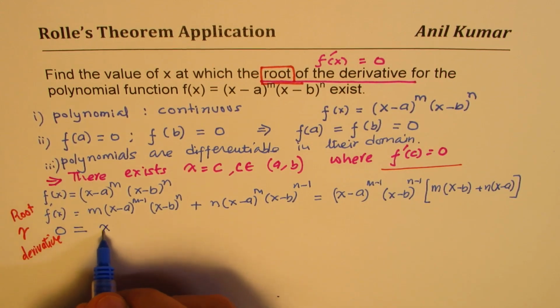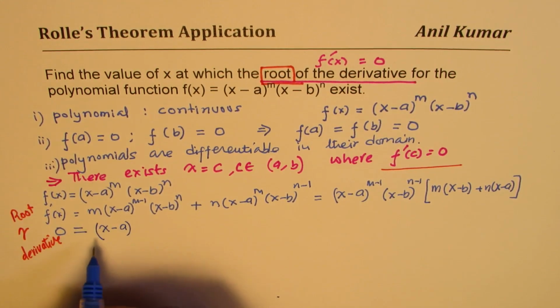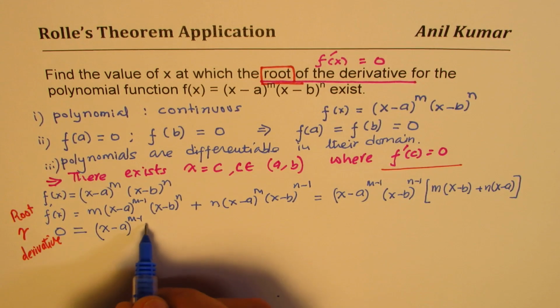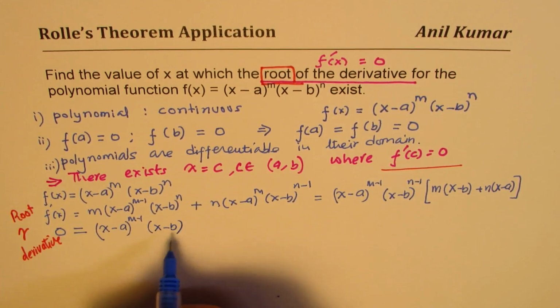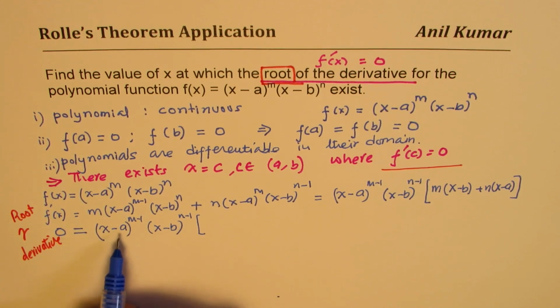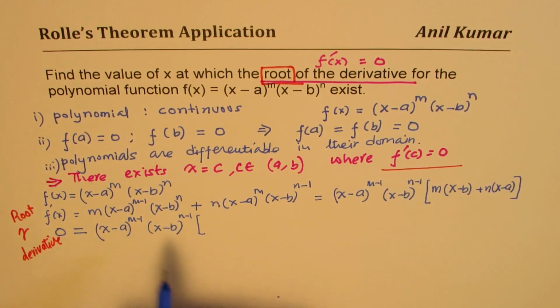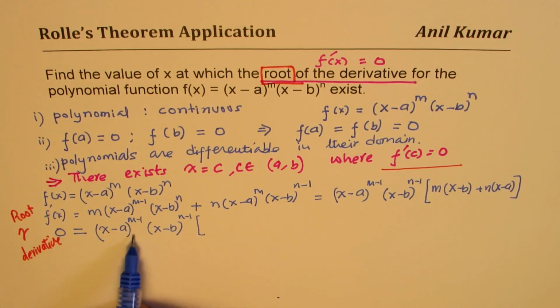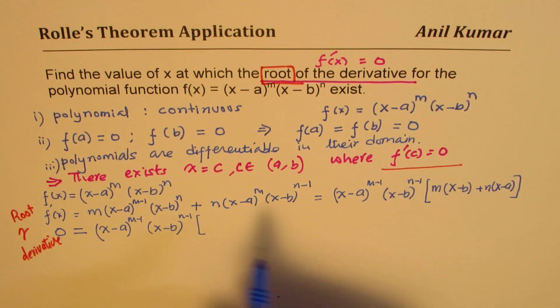So 0 is equal to (x minus a) to the power of m minus 1, correct? (x minus b) to the power of n minus 1. We are looking for something in between a and b, right? Okay, not a and b. So these cannot be 0. These are 0 at a and b, but something inside should be 0, right?